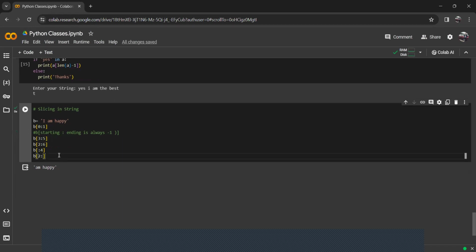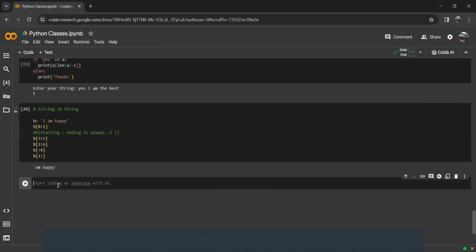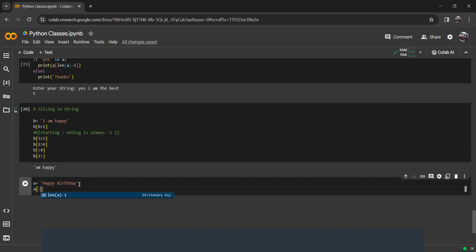So now we'll try the other method. We are going to make some changes here. Now we are going to take a string, happy birthday. And I'm going to write a of -1, -2. Now tell me what will happen here.